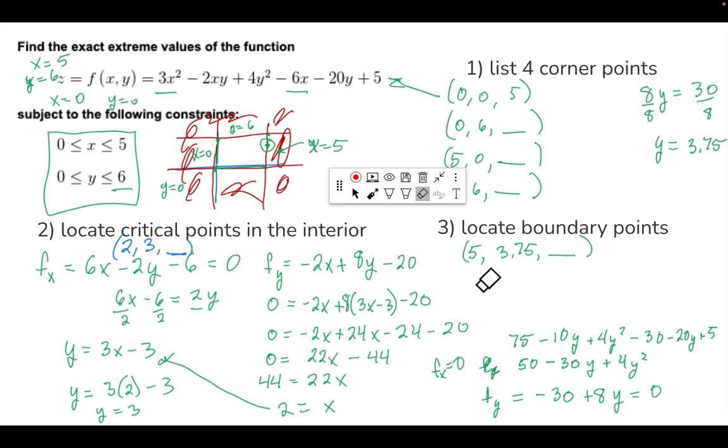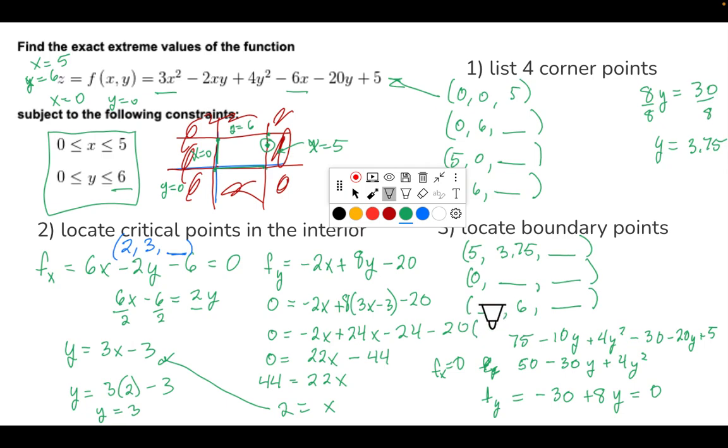And what I'll do is, for the weekend, I'll work the second one similar to this, but I'm going to do it on a Word doc so I can keep going down and I don't run out of space and it's not all over the place. So the other thing you're going to need to do here is plug in x equals 0, figure out what y is, and then figure out what z is. Figure out what x is, put in 6 for y, figure out z.